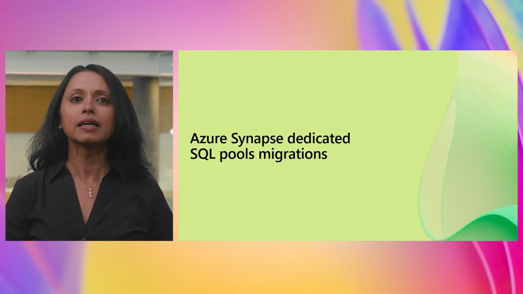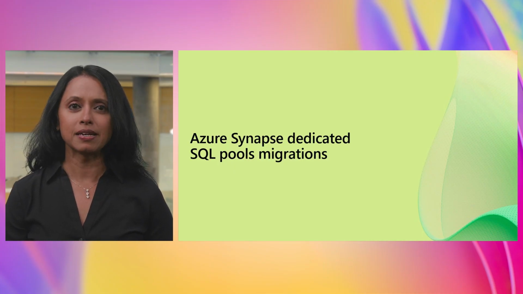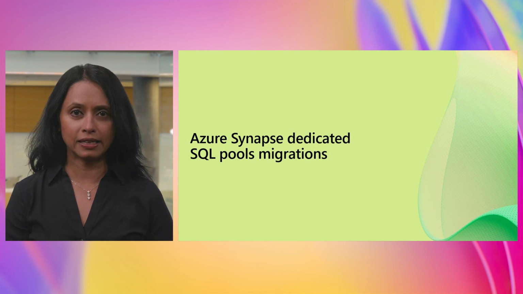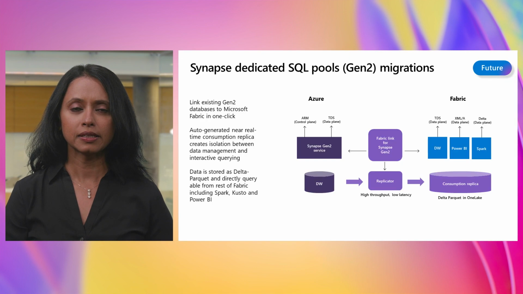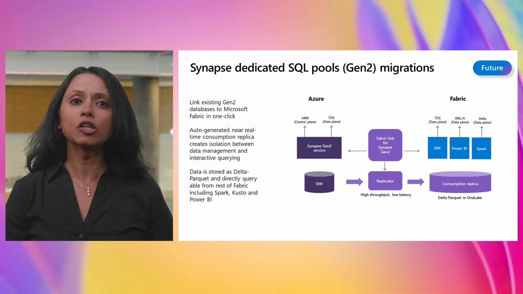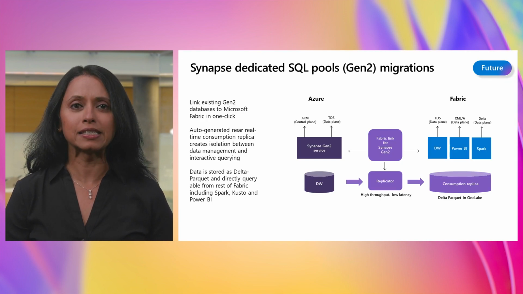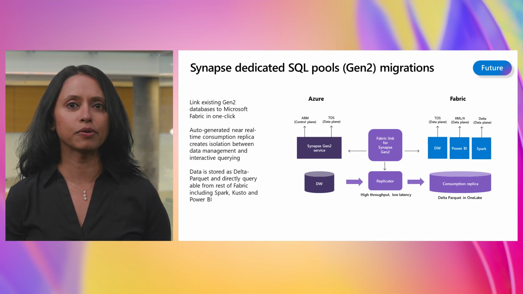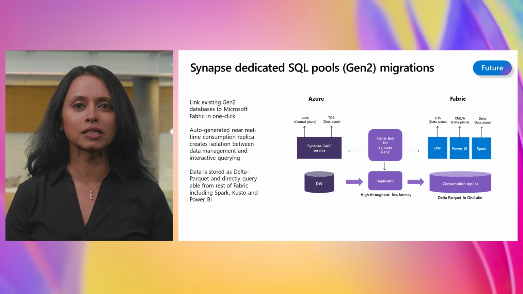If you are an existing Synapse customer using dedicated SQL pools, you're likely wondering about the migration from Gen 2 to Fabric Data Warehouse. Let me give you a sneak peek into some of the key capabilities in our roadmap that'll land in the future. In the future, you'll be able to link your existing Gen 2 databases into Data Warehouse and Fabric with just one click.